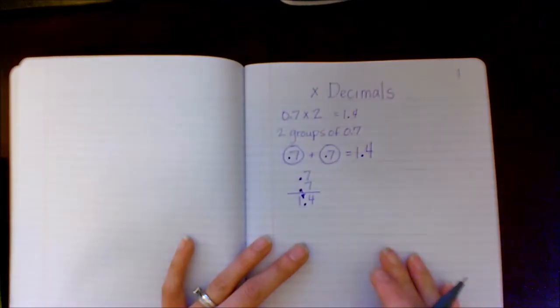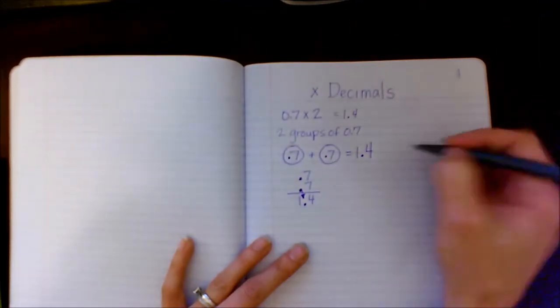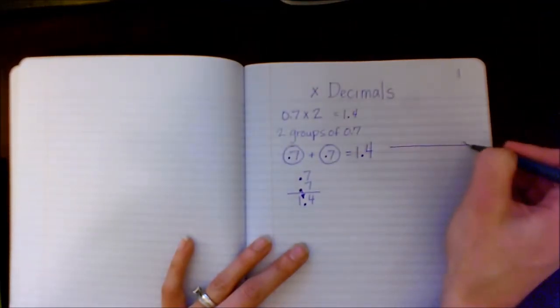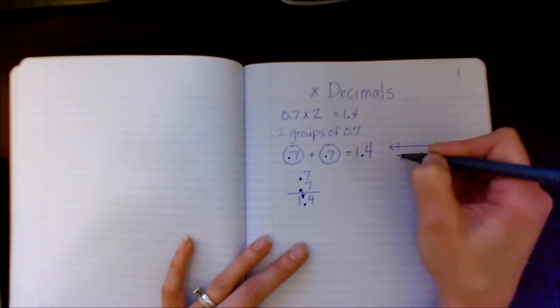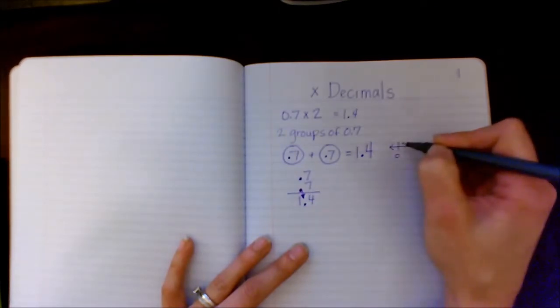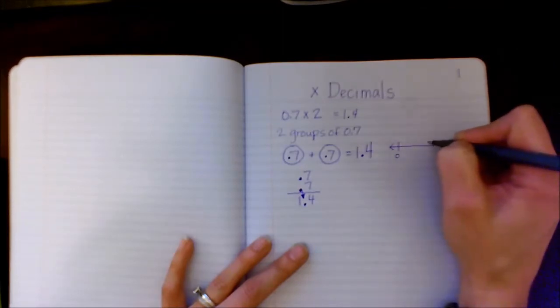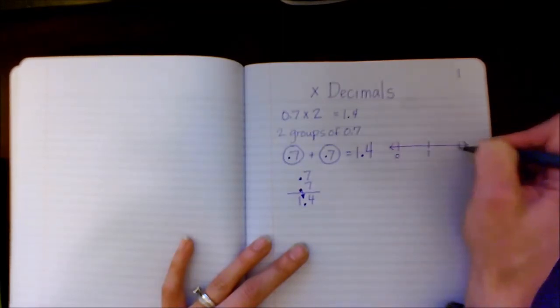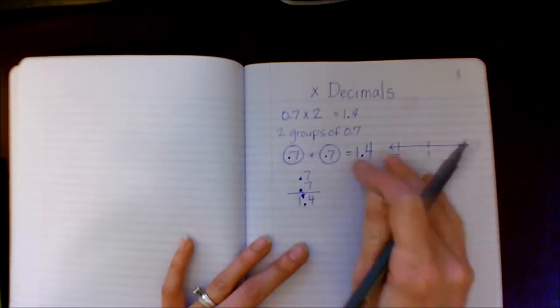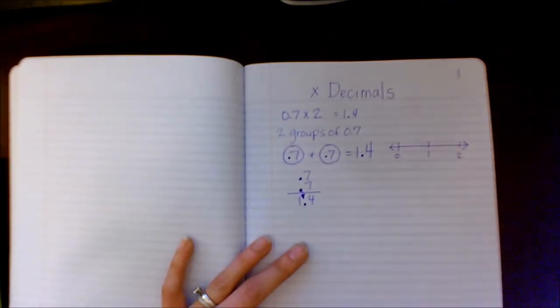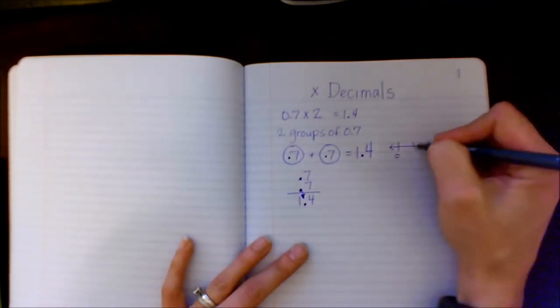Another way that I can do this is on a number line. So if I start at my open number line, I'm going to start at 0 and I'm going to have my first group of 7/10. So if here is 1, I'm going to put 1 whole and then 2. If I'm adding tenths, that means that I've taken 1 and I've broken it into 10 pieces.